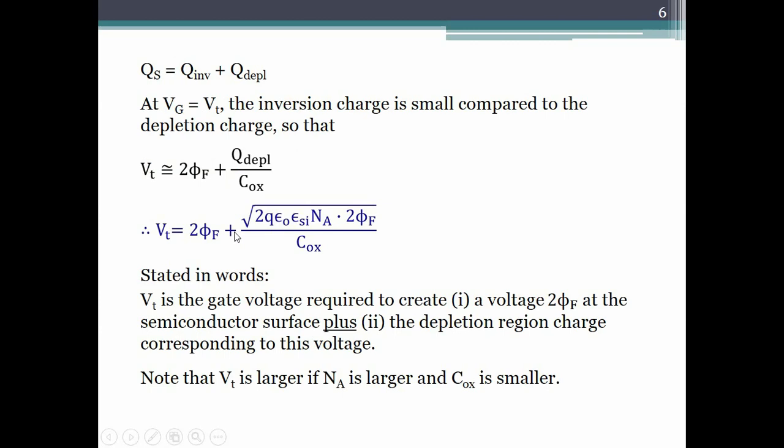So if the oxide thickness is higher, then a higher gate voltage is required to create an inversion layer. If the oxide thickness is small, then the gate voltage required to create the same inversion layer is lower. That is all. Now we'll look at two additional effects that affect the threshold voltage.